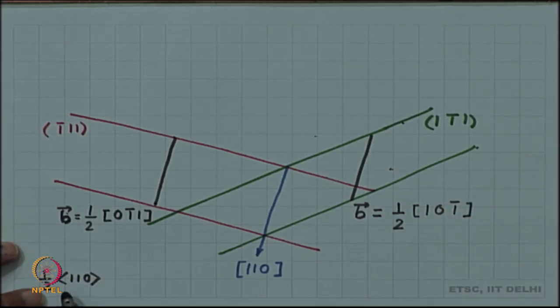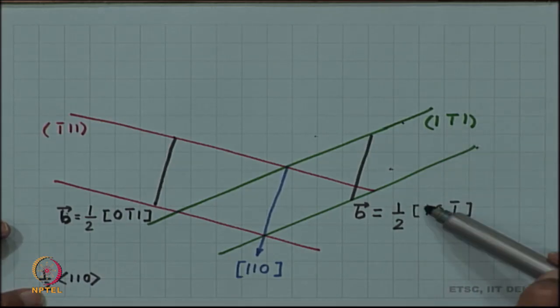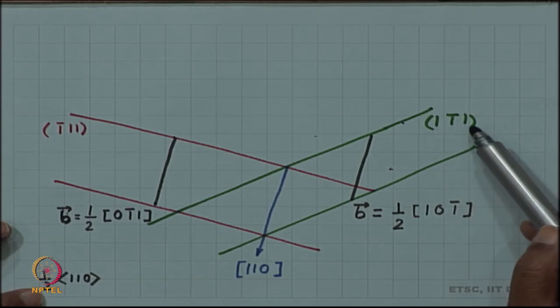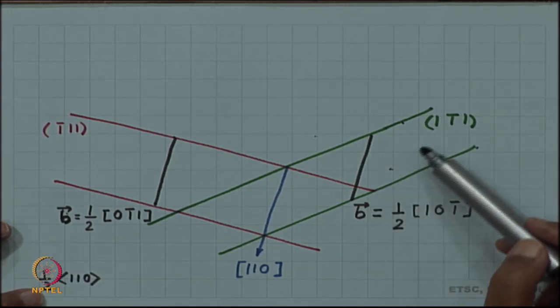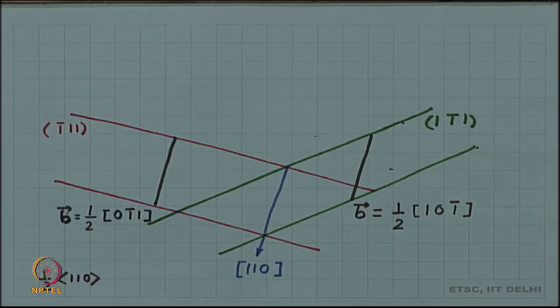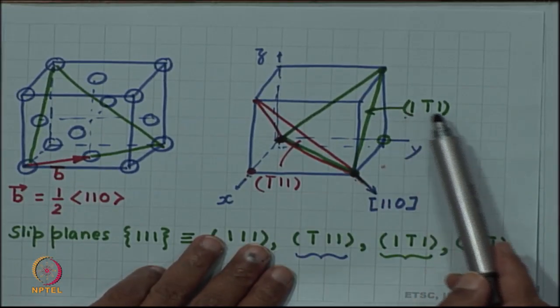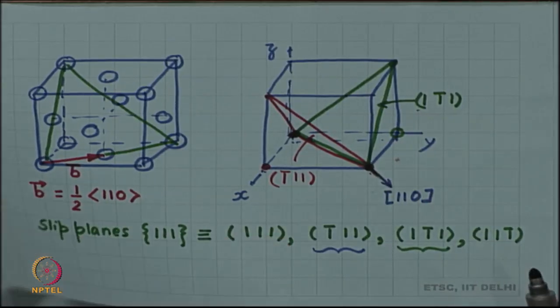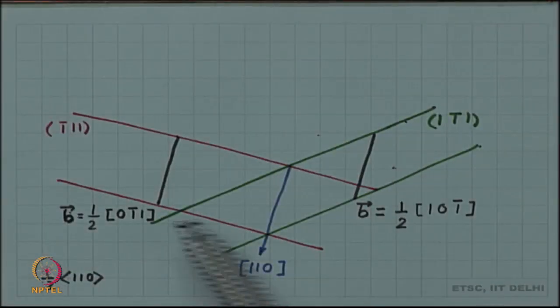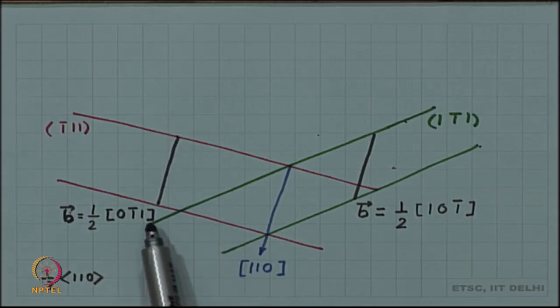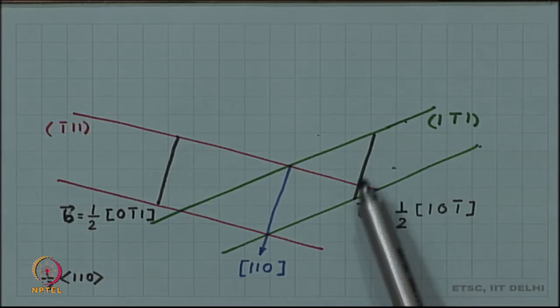Again I have chosen from this family, and I have chosen one vector which satisfies the Weiss zone law with 1 bar 1 1, such that the Burgers vector lies in this plane. So, now I have a scenario where there are two intersecting slip planes bar 1 1 1 and 1 bar 1 1 in a face centered cubic crystal, and on each of those planes there is a dislocation line parallel to the line of intersection and having these Burgers vectors.